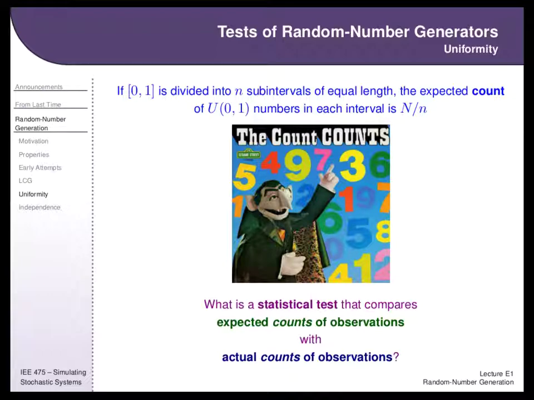So I would like a statistical test to compare an expected count to an actual observed count. Do you remember in 380, what test do you use when you've got count data? I've got these observed counts and these expected counts, and I want to compare the two to see if they agree or not.